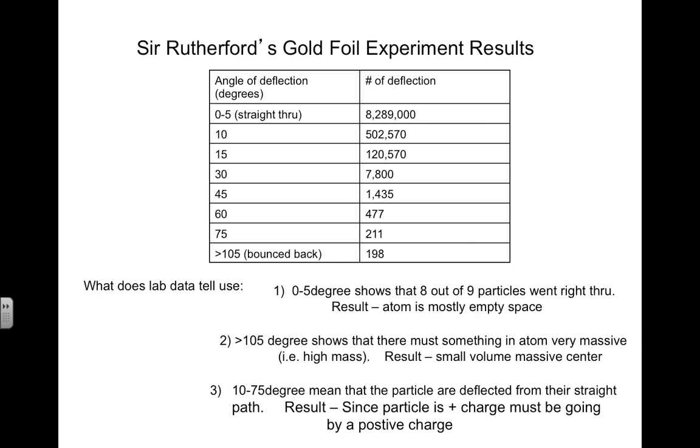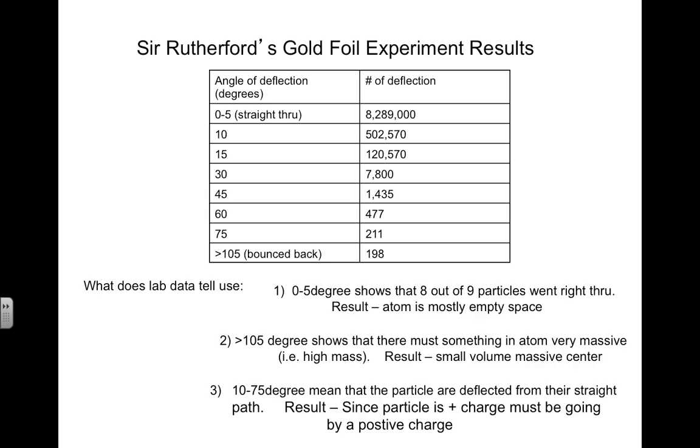Hitting means it got close to something. Due to the Coulombic force, it would never actually hit it. It would just simply bounce back due to Coulombic force. And what he found is that since it only hit like 100 out of 9 million times, that thing must be an extremely small volume thing.